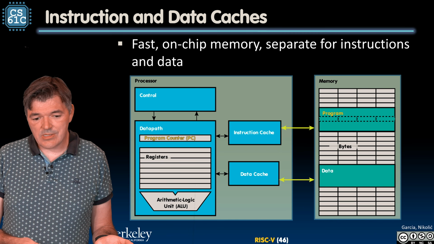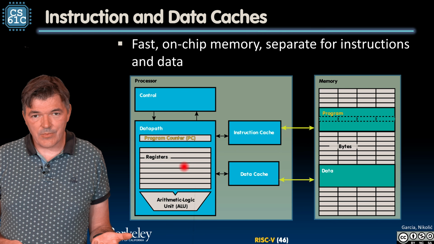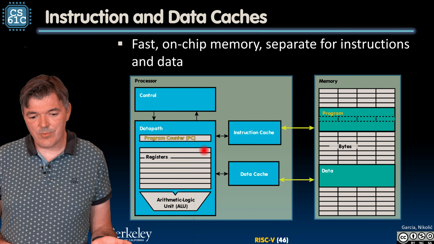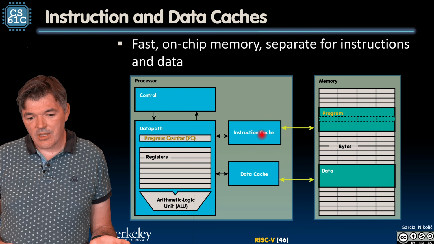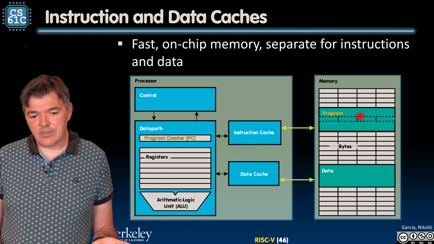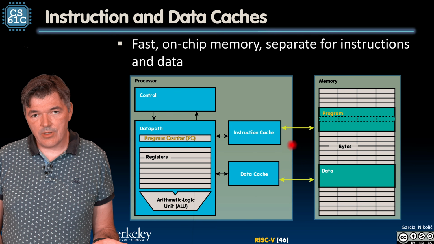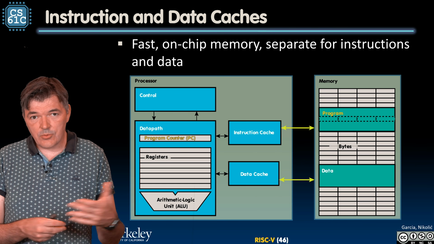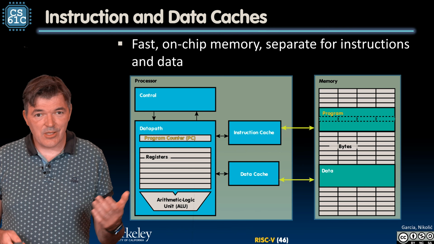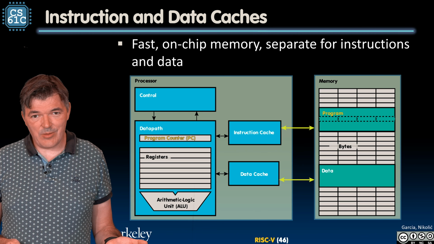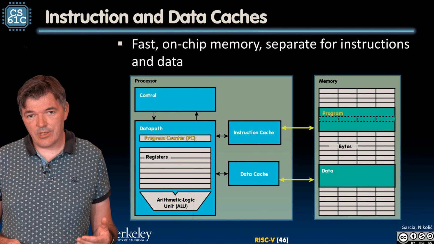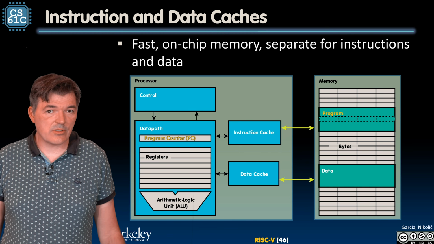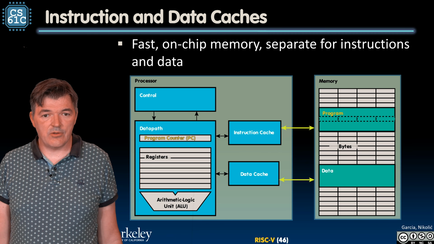Essentially, there are chunks of memory on our processor chip that have copies of the instructions that have been copied from the main memory and copies of the data that has been copied from the main memory, with 2 separate ways to access it. So we don't have to contend for the main memory when we are fetching an instruction while another instruction is completing a read or a write.